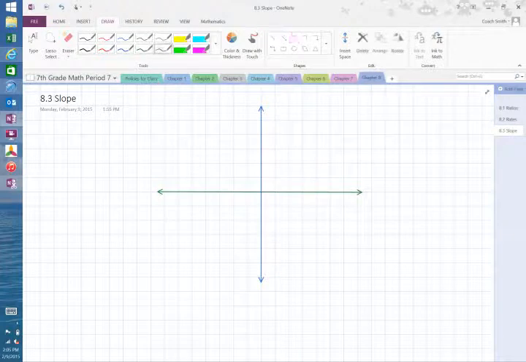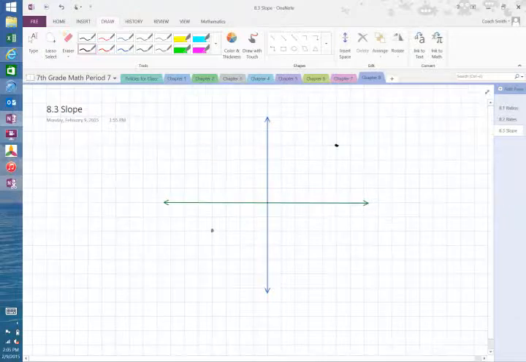Okay, now let's say I have that coordinate plane right there, and on that coordinate plane we've put a line. Let's say the line goes from this point there up to this point here. Okay, now I'm going to connect those 2 points.